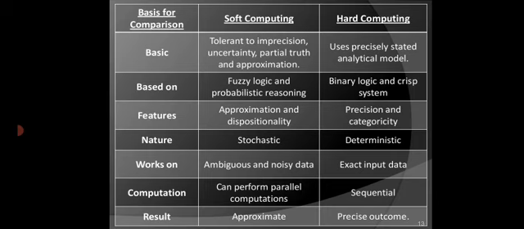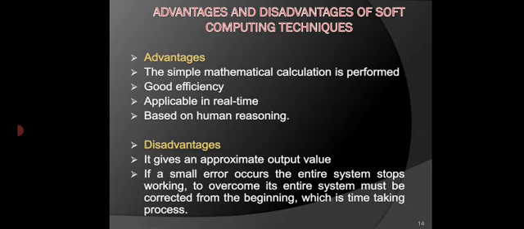How does it calculate? In soft computing, computation can be performed in parallel, while in hard computing, the computation is performed on a sequential basis. And last, the result. In soft computing, the result is on an approximate basis, meaning the result is approximate, while in hard computing we get the precise outcome, the results are perfect.